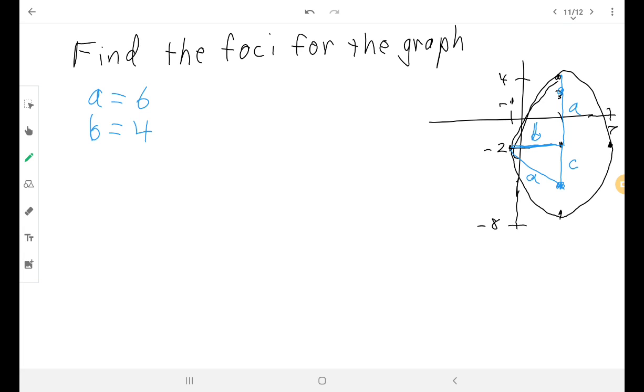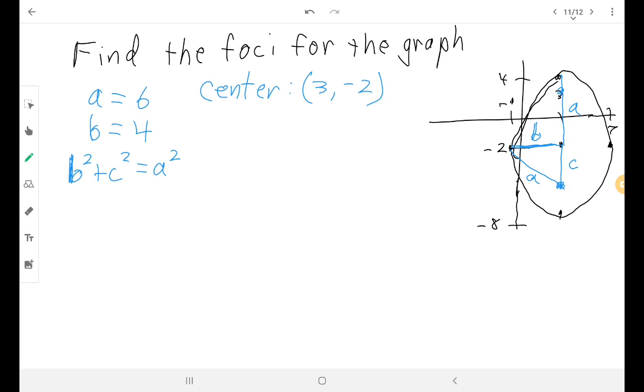And then the Pythagorean theorem holds true, so b squared plus c squared equals a squared. Maybe I should write my center also. My center, as you should be able to clearly see, the x value is 3, the y value is -2.